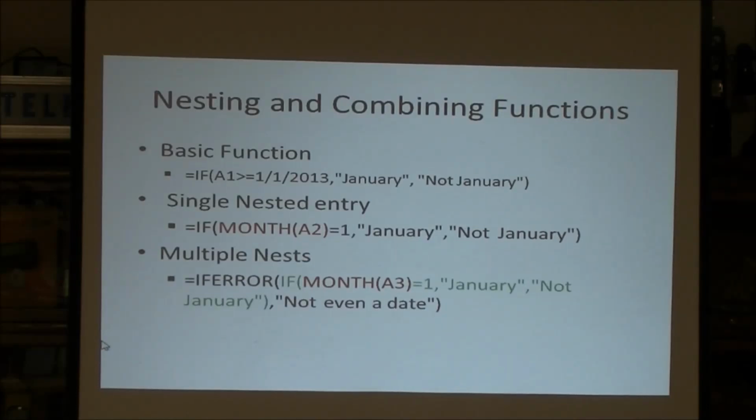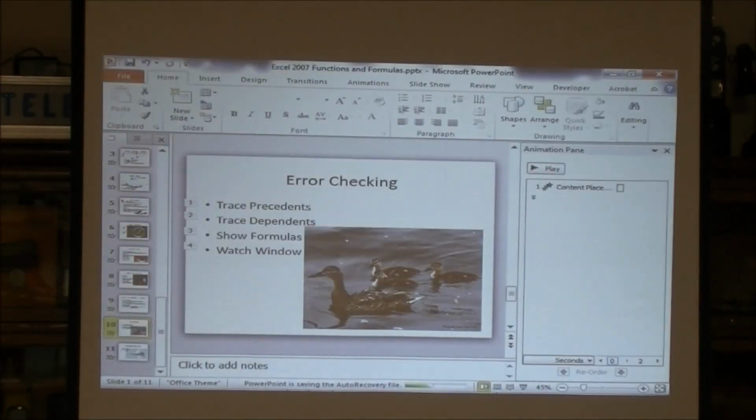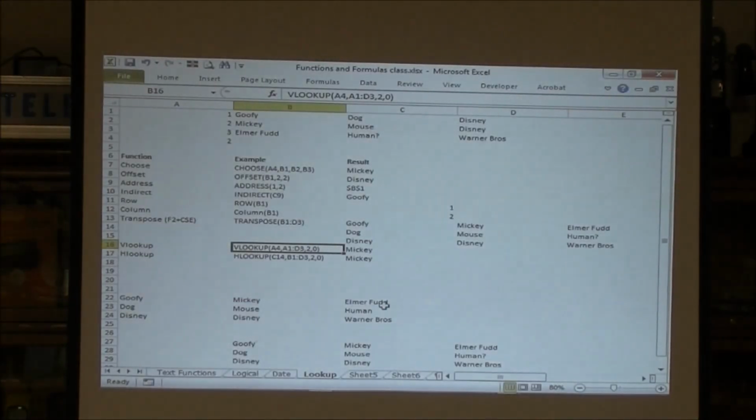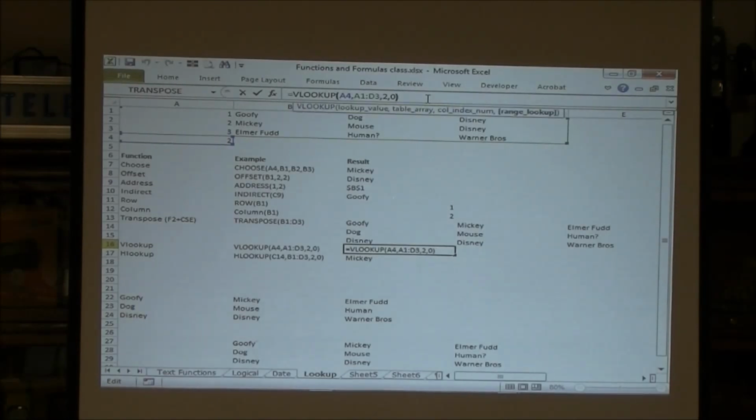When you're doing something like this, when you have a nested function in Excel, anytime you're editing a function and you move your cursor over, see how both parentheses light up when I move my cursor over a parenthesis?